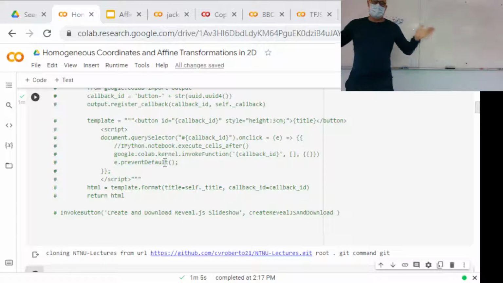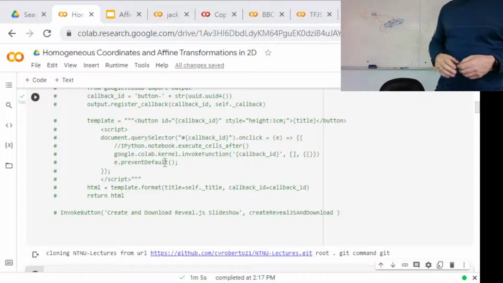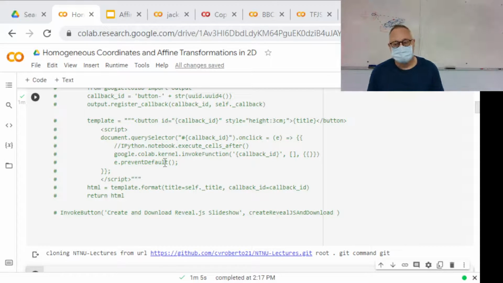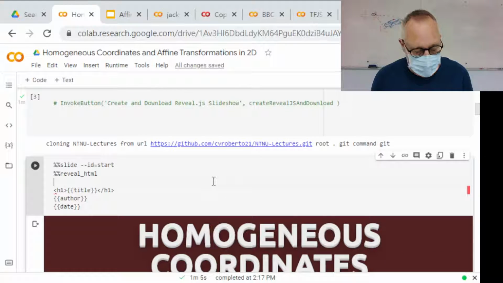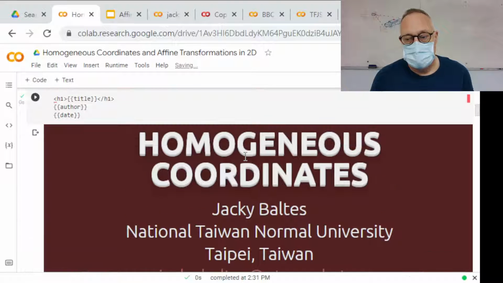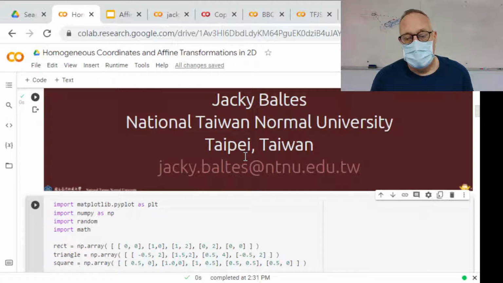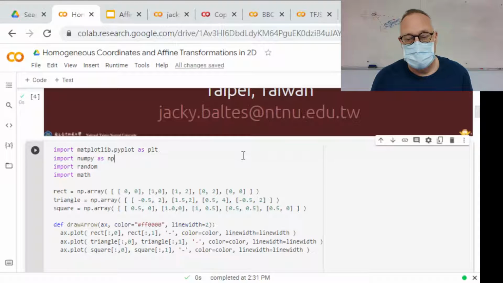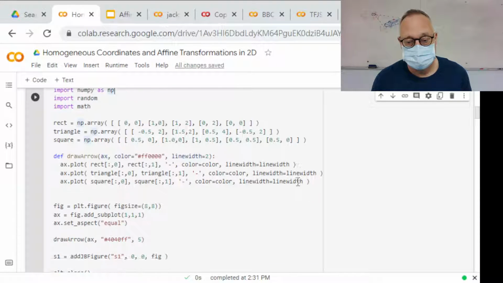So, in the grand scheme of things, that's what we're interested in at the moment. So we start very simple, and we look at what kind of transformations do we actually have when we're dealing with the coordinate system. Now, while we're doing this, we also learn some matplotlib programming.